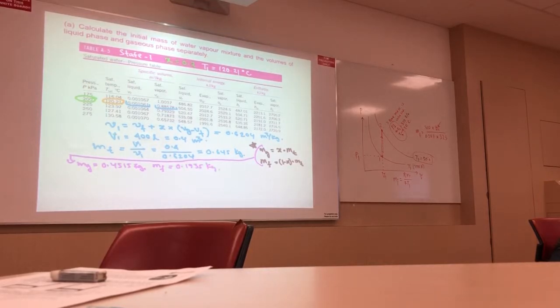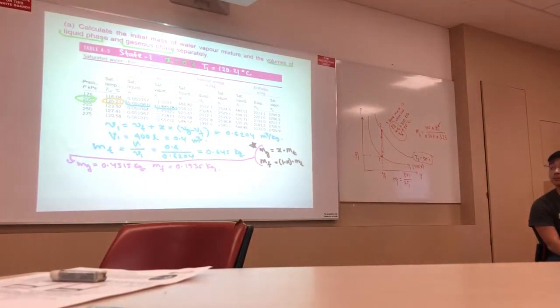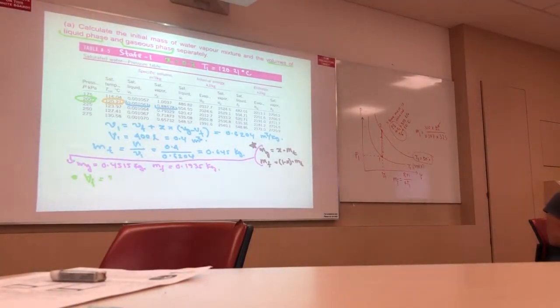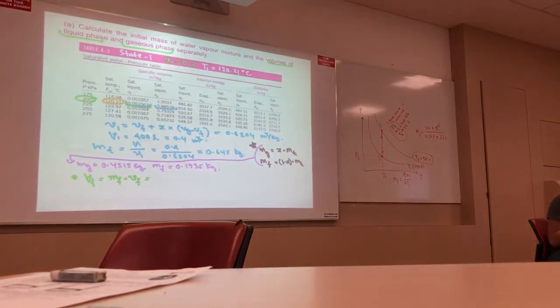In the question, they also tell you to find the volumes of the liquid phase and the gaseous phase. What is the volume of the liquid phase? Volume of liquid phase is Vf, right? This is defined by mf times specific volume vf. Specific volume vf is this value.